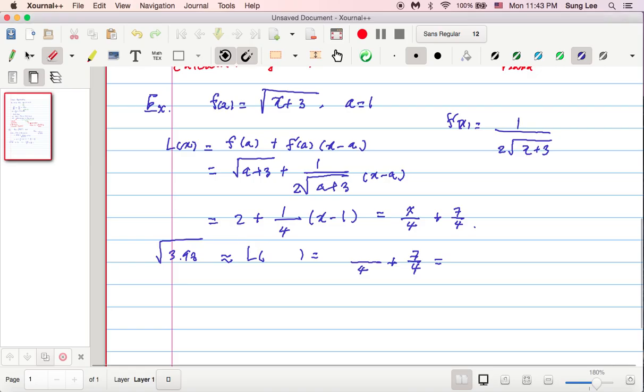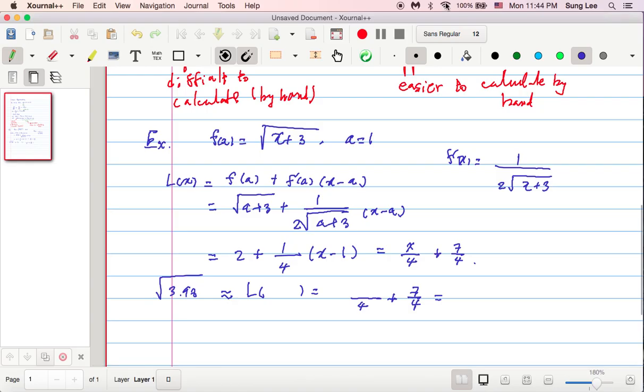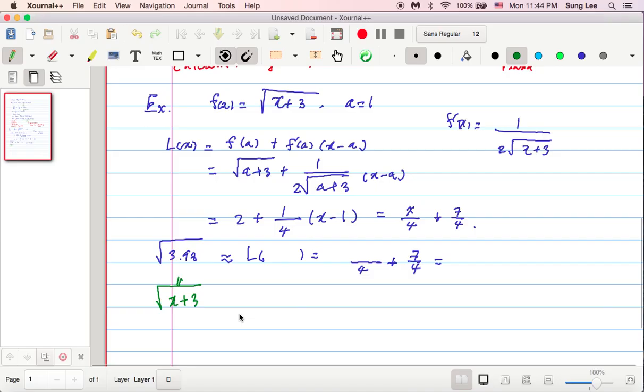Because this is f of x, so that's supposed to be square root of x plus 3. By comparing these two, x plus 3 equals 3.98.